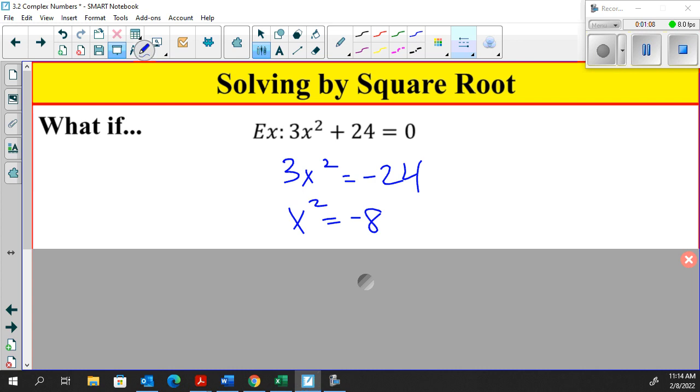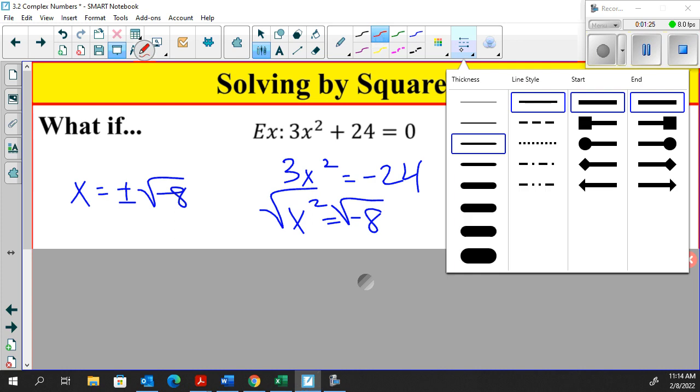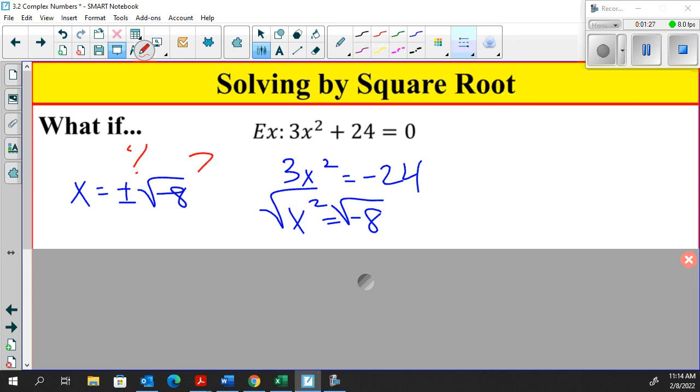Okay, you take a square root. The square root of negative 8. Why wouldn't it work? Because I have a negative square root, and that does not make any sense.